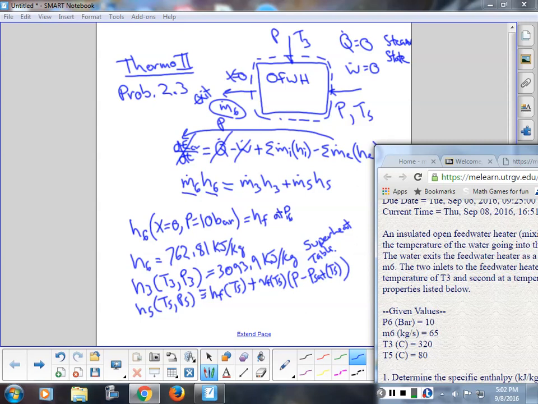This first term is pretty good. If I need to be better, I do plus the specific volume at T5. So I use the saturated enthalpy at T5, which is 10 bar, so that is 762.81, which is the same as h6, right? I already found that one. 762.81 plus, and that's kilojoule per kilogram.